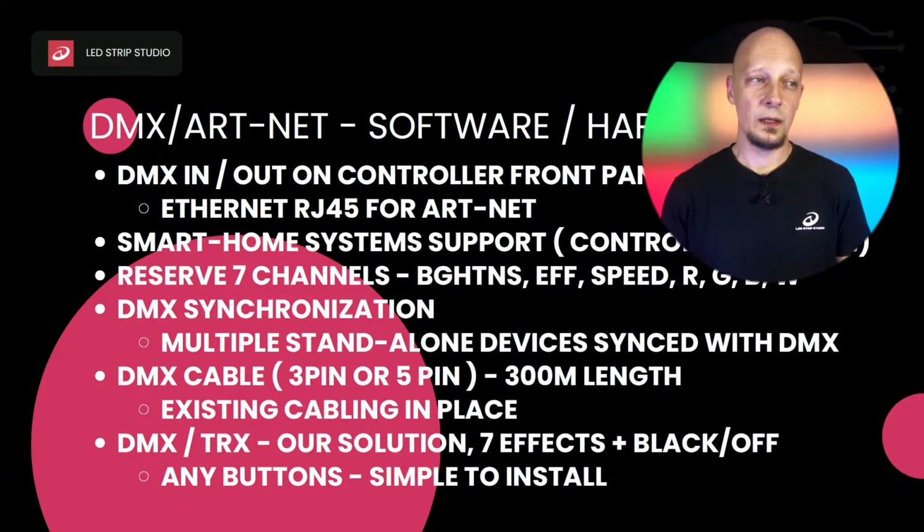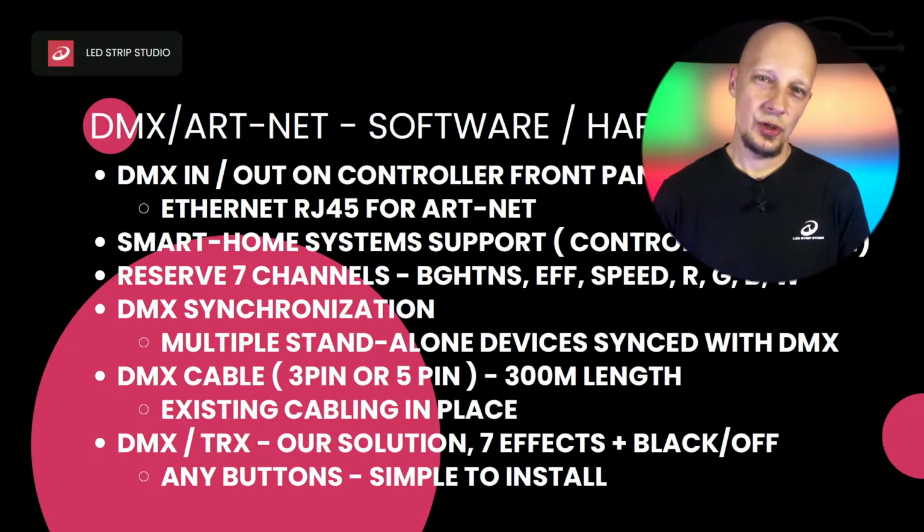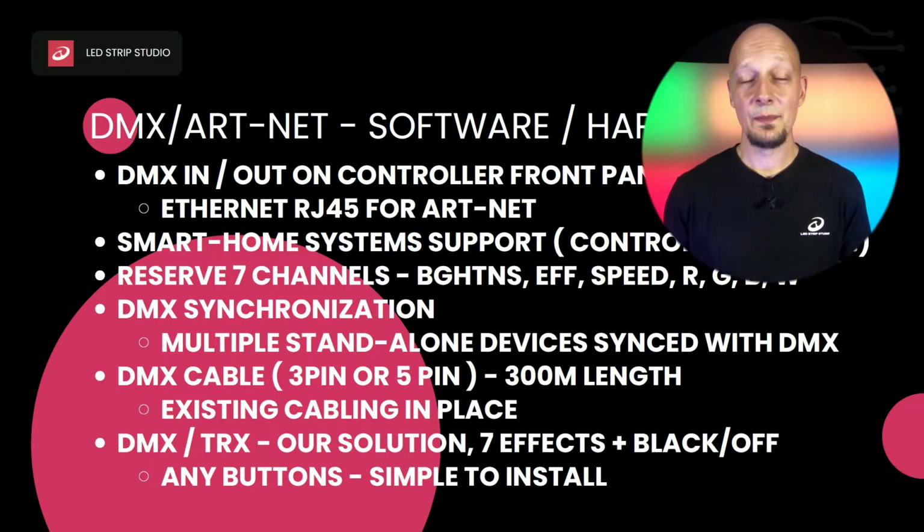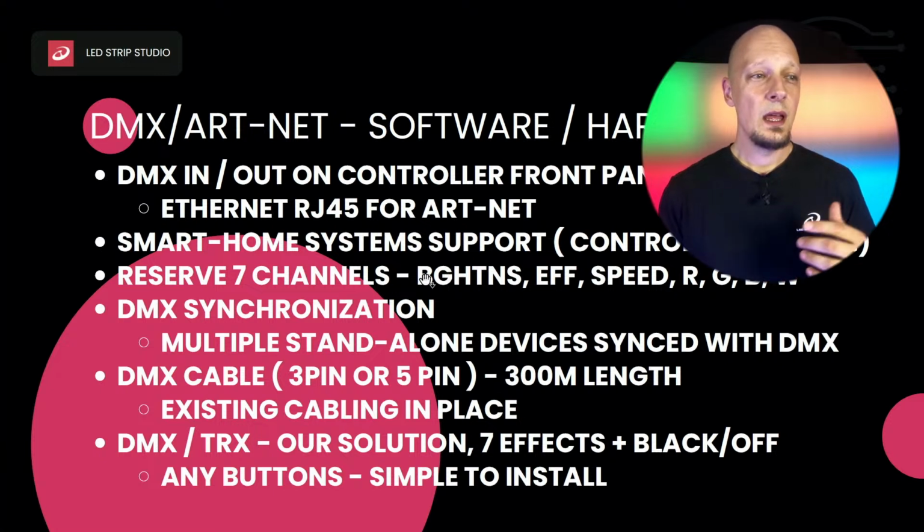thus controlling the content from the card. In order to use DMX to control the content from the card, you have to reserve 7 channels. That is a hard one. Reserve 7 channels, and those 7 channels will be used to control the brightness of the effect.